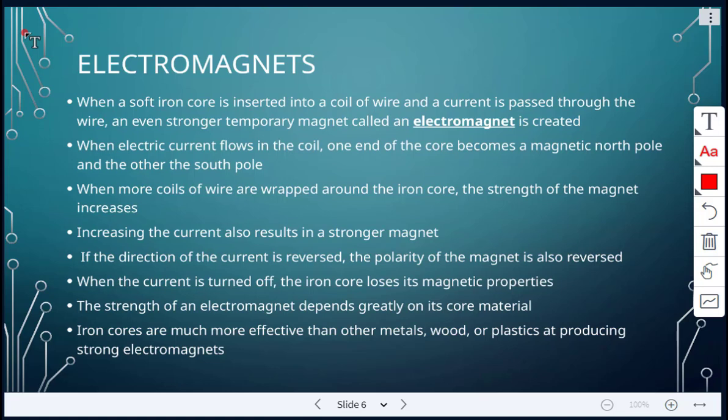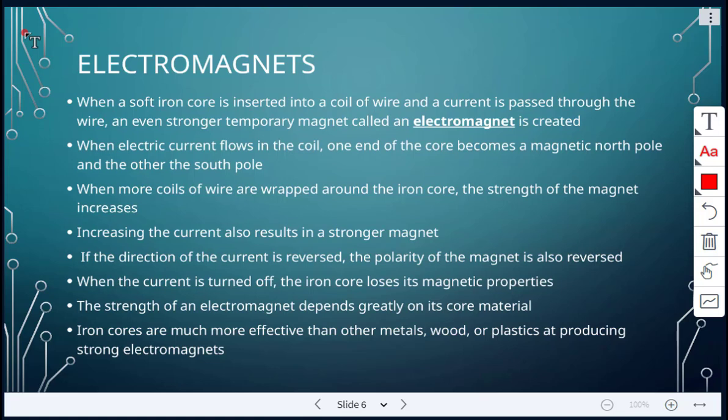If you wrap more coils of wire around the iron, the strength of the magnet increases even more. If you increase the current, it will also increase the strength of the magnet. If the direction of the current is reversed, the polarity of the magnet is reversed. If you turn the current off altogether, the iron core loses its magnetic properties.